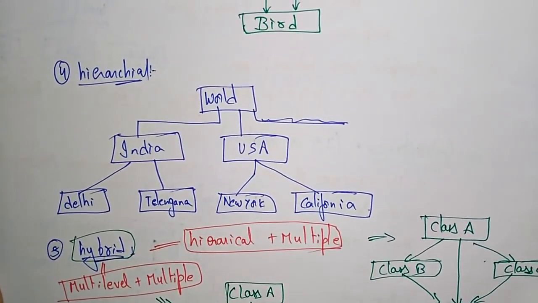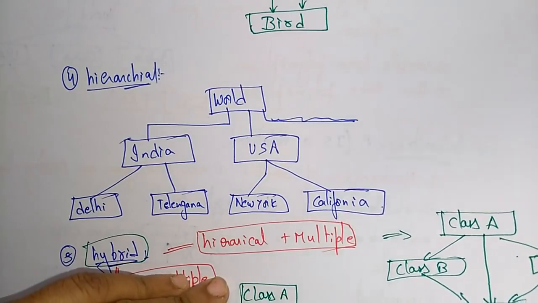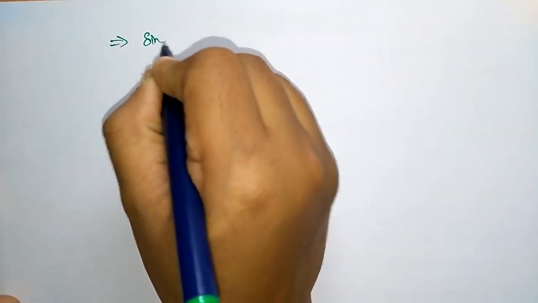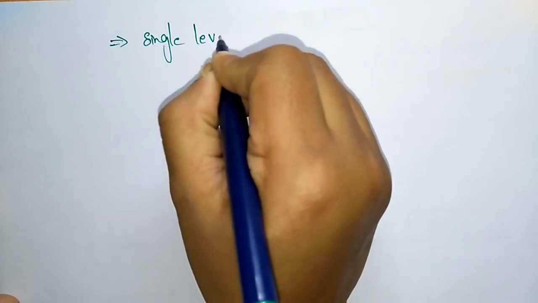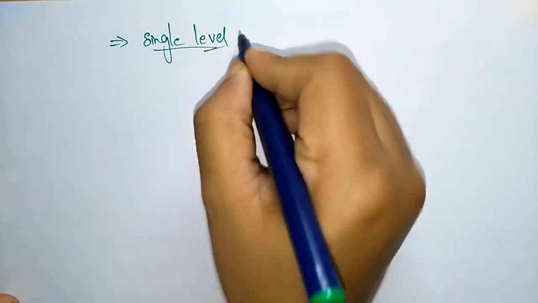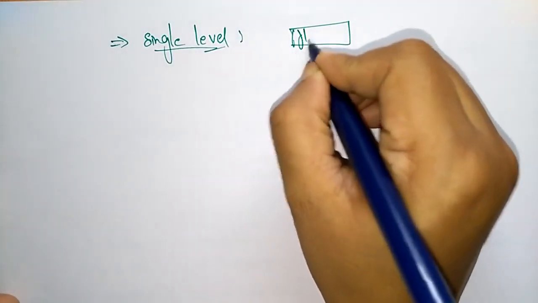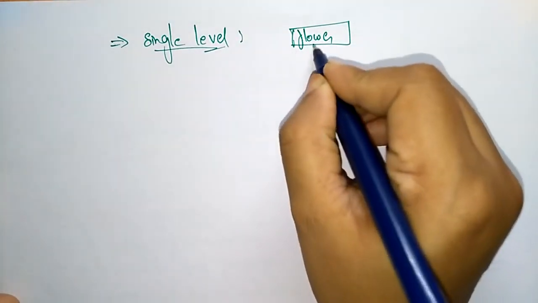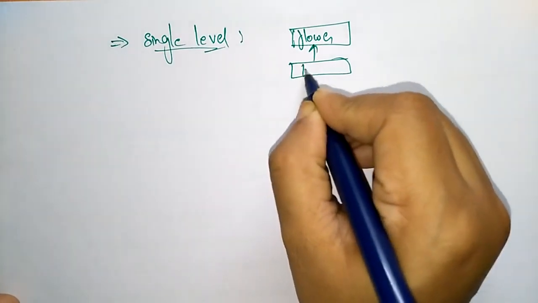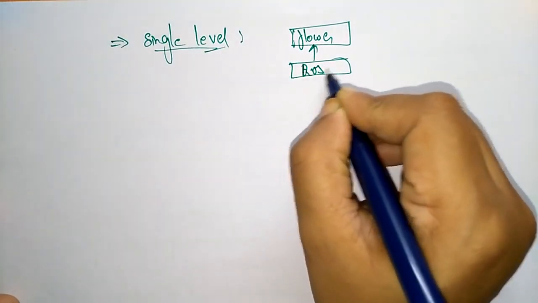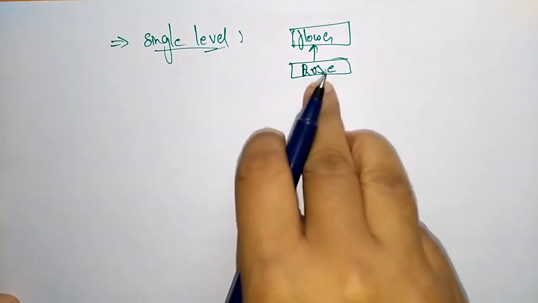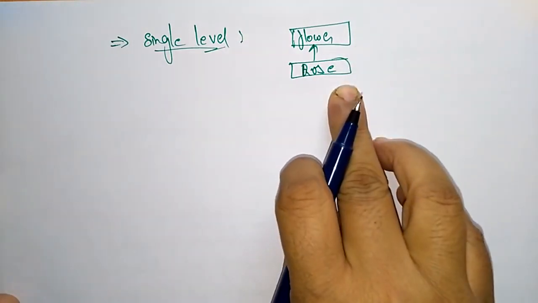So let us see a simple representation of single level, multi-level and multiple inheritance in the form of simple programs. Suppose you take single level. Here the flower is the base class, and from flower we derive the derived class.